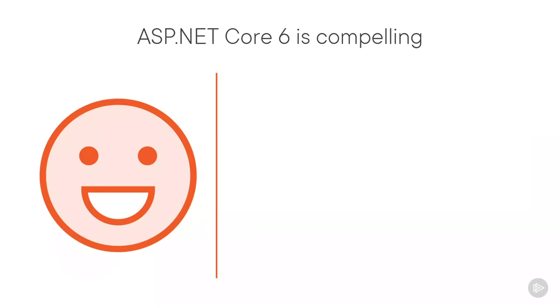If you're coming here with a background in Java and Spring Boot or Ruby on Rails or some other server-side web framework and haven't seen much of .NET recently, there are a lot of things that make it a very compelling framework to consider when building a website. First, it's cross-platform so it can run on Windows, Mac, and Linux equally well. The dev experience and documentation are fantastic, as you're going to see in this course.